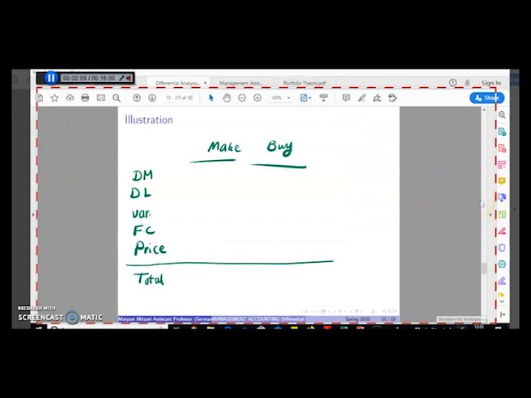So in case of make, if I have to make the product, we had, based on the given information, direct material $90,000.